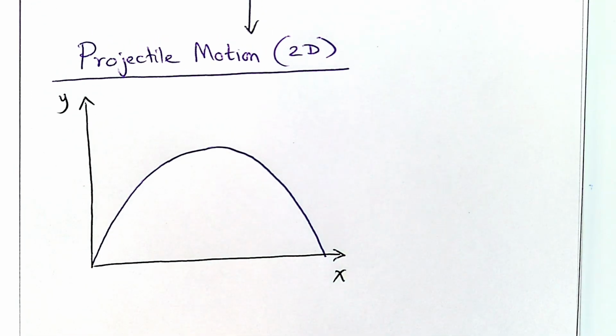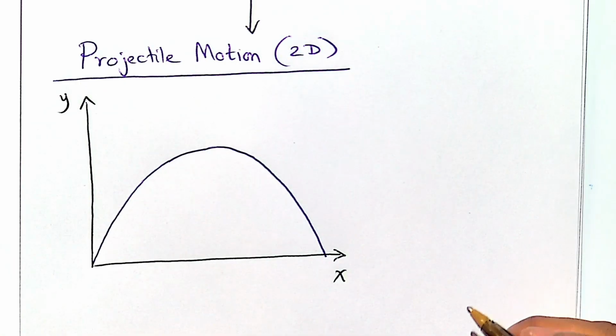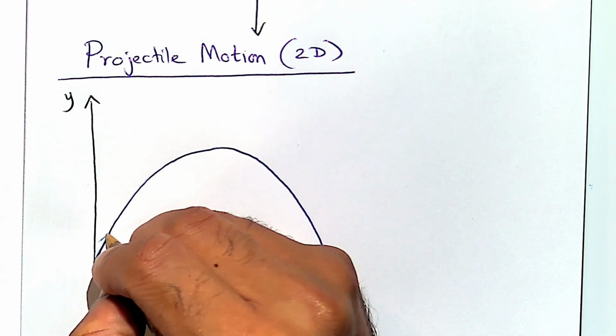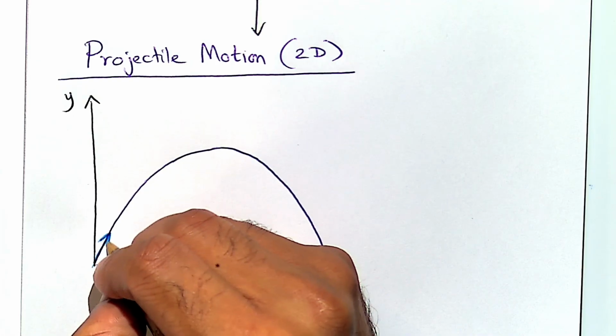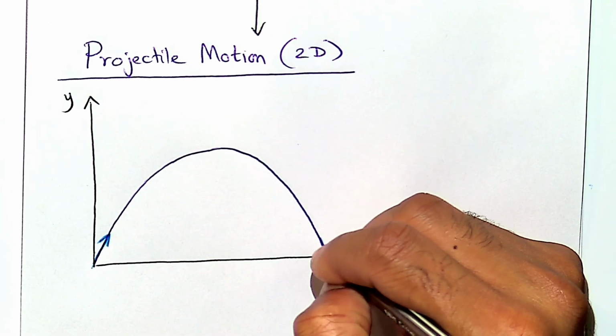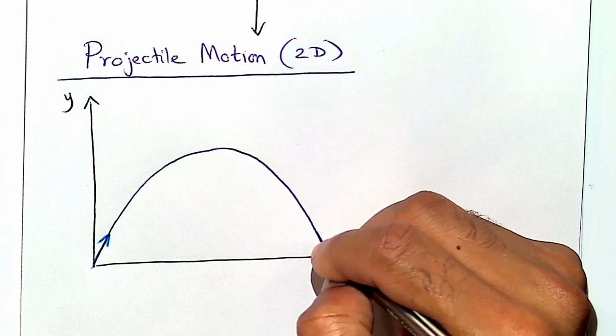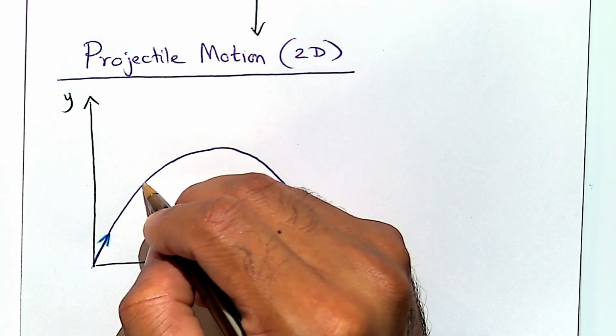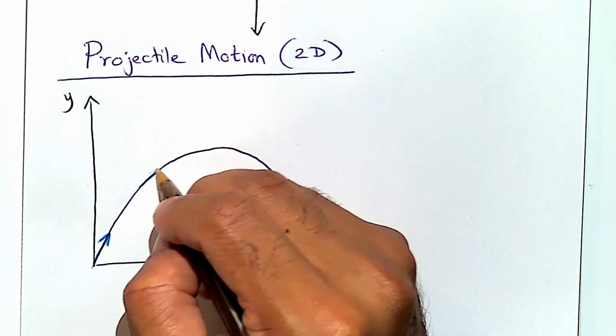Now, when you're doing this, think about the velocity of the ball. Think of it as a vector. If you think about at this point, you can draw a vector that shows you the velocity of the ball there. And just before it comes down, maybe the velocity of the ball is like this. Your vector is pointing that way. And everywhere along the path, you can draw the velocity vector.